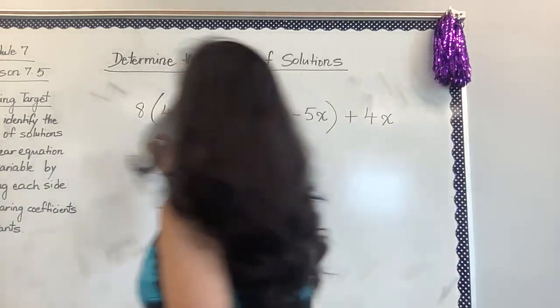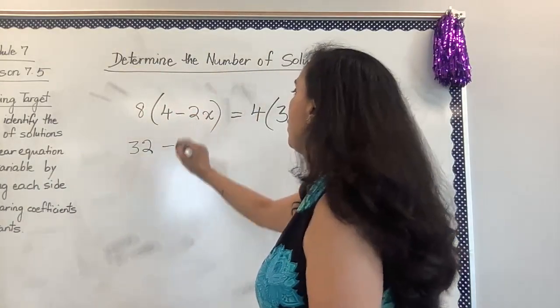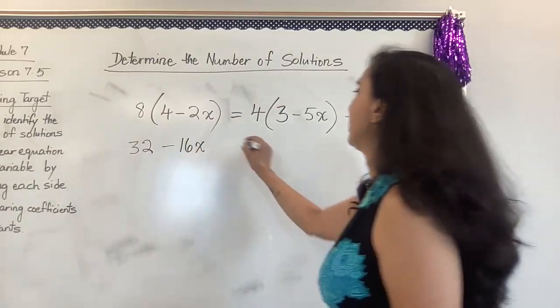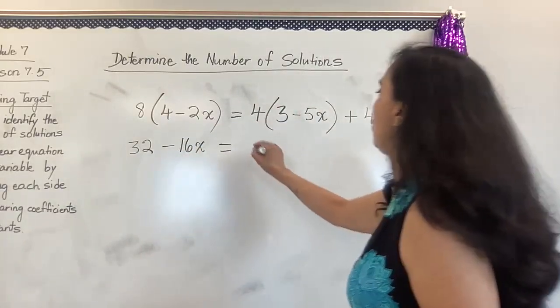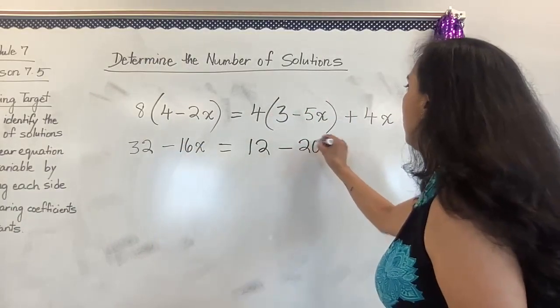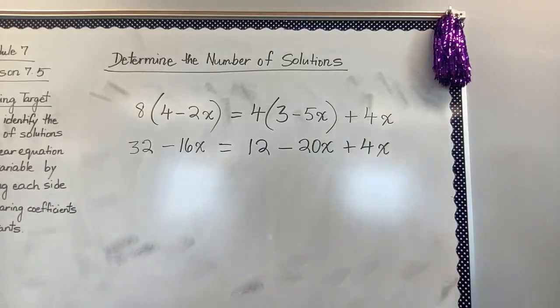So 4 times 8 is 32 minus 8 times 2, 16x, positive times negative gives me minus, is equal to 4 times 3 is 12, minus 4 times 5 is 20x, plus 4x. All right, so I've just used the distributive property here.